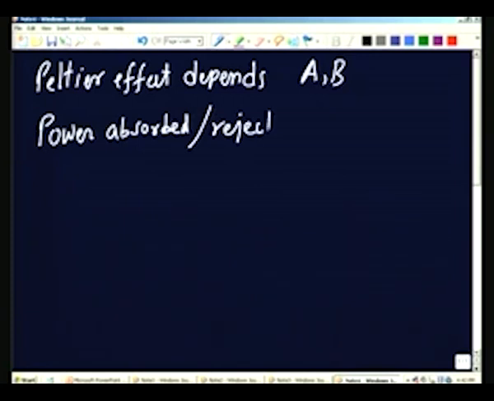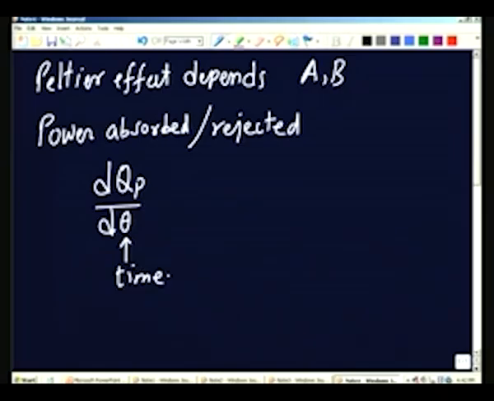Of course, I have explained already that absorption or rejection will be dependent on the direction of the current, and therefore, the power absorbed or rejected is given by dQ Peltier by d theta. I am going to use theta for time, because T will be used for temperature. This will be given by pi, which is a function of the two materials A and B, and the current I.